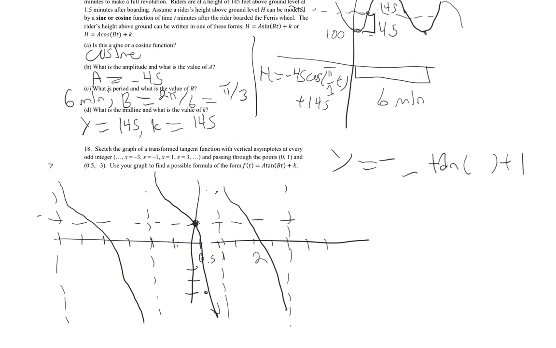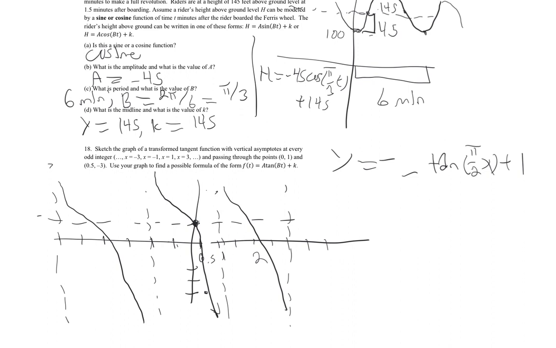So we want cosine to be 0 for odd multiples of our period. Cosine is 0 at pi over 2, 3 pi over 2, 5 pi over 2. And so we know that the period would be pi over 2 x.